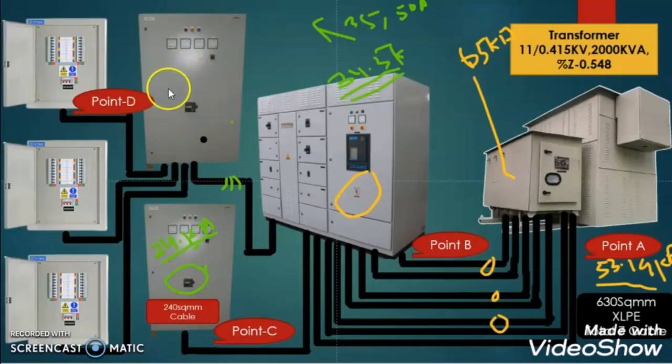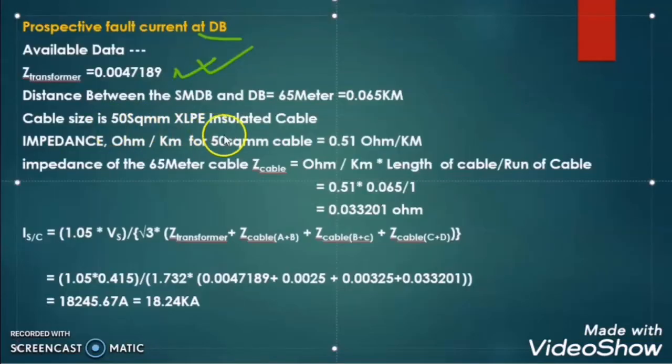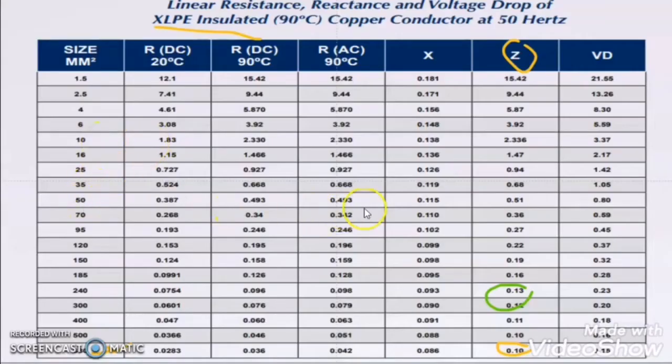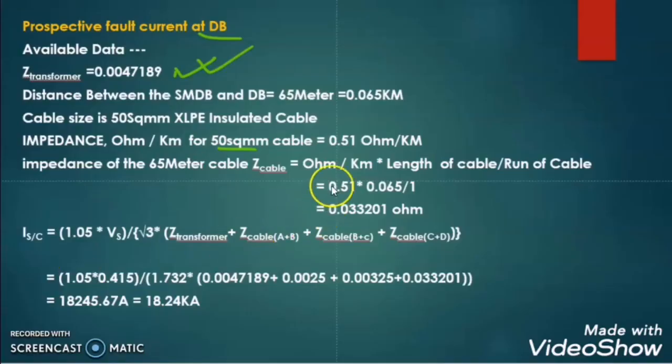The distance between this panel SMDB and the final distribution board is 65 meter, and the cable size is 50 square mm XLPE cable. As per the technical data sheet, the ohm per kilometer for 50 square mm cable is 0.51 ohm per kilometer, which I mention here.